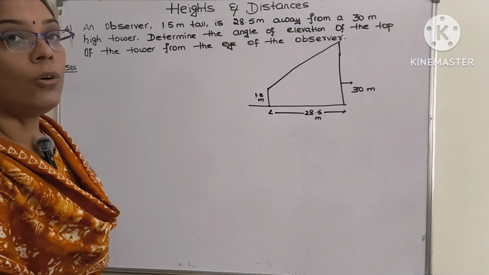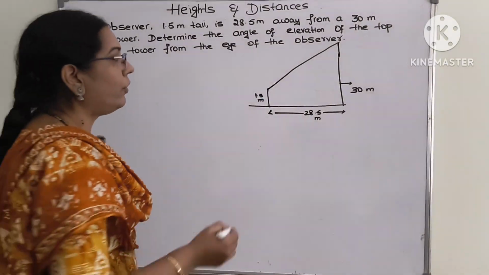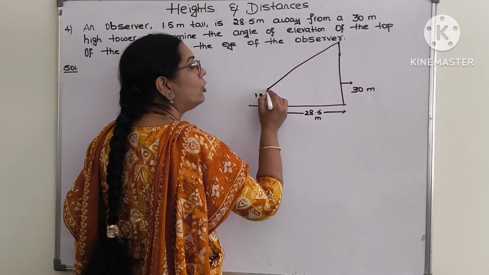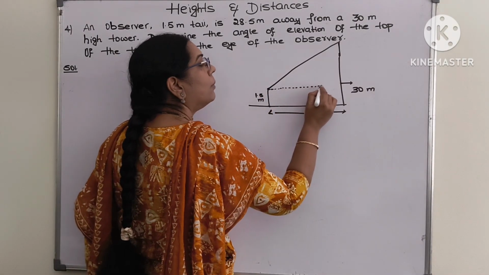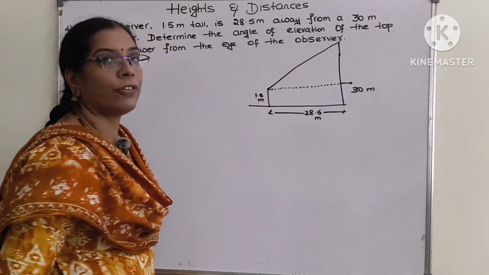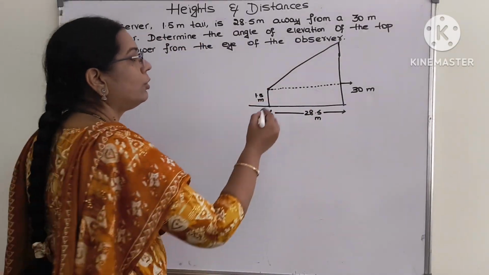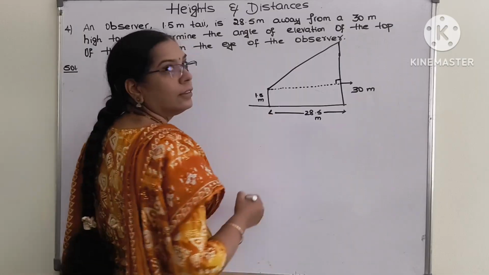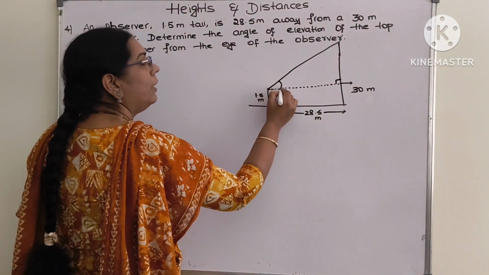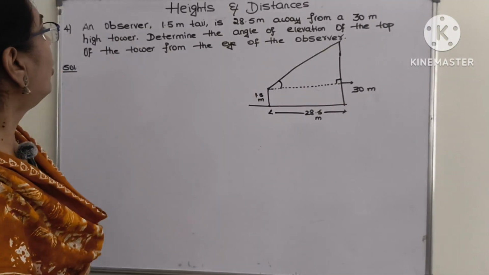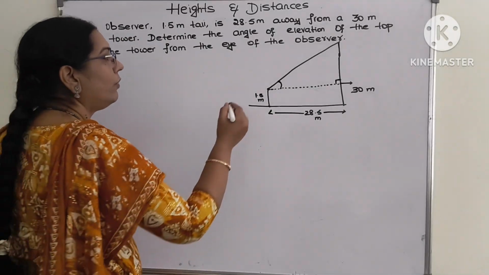Now, how to draw the angle of elevation? You know very well. Draw a line parallel to the ground from the observer's eye point. So this gives you the right triangle, and this is your angle of elevation. How much? We don't know. That is what we have to find.